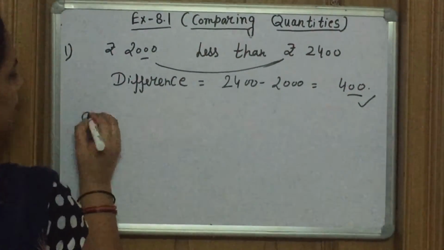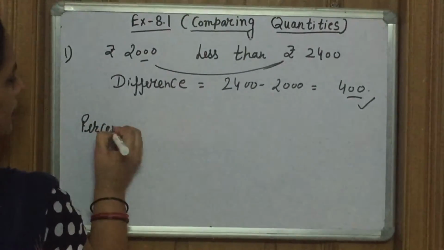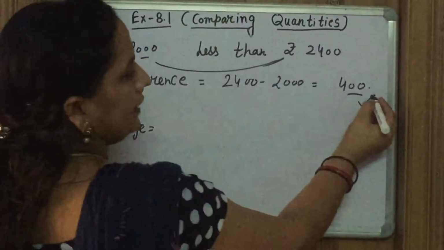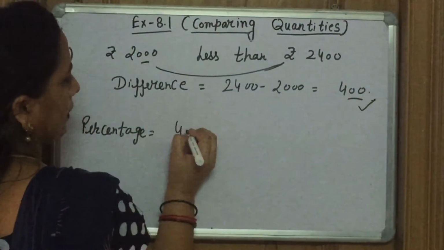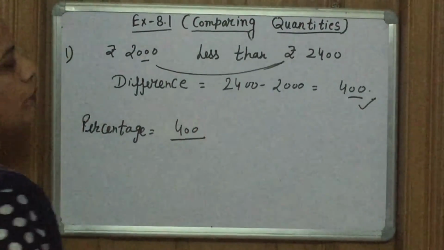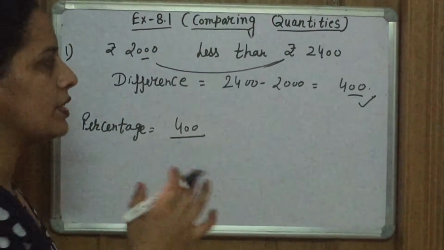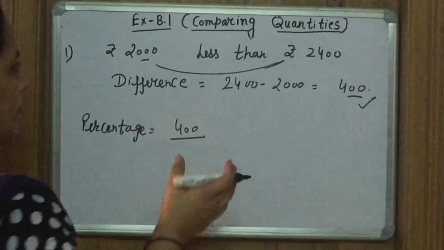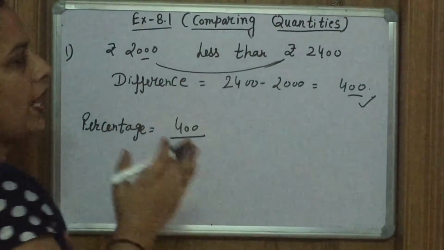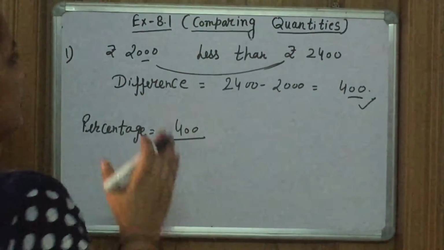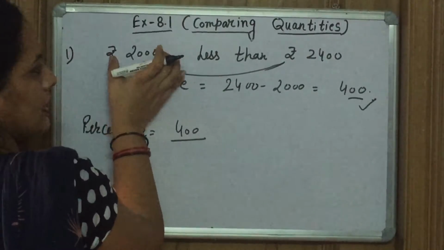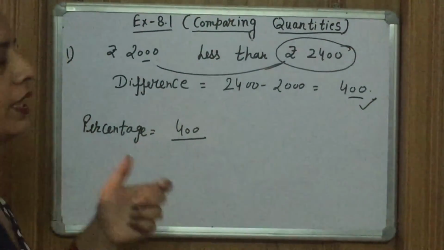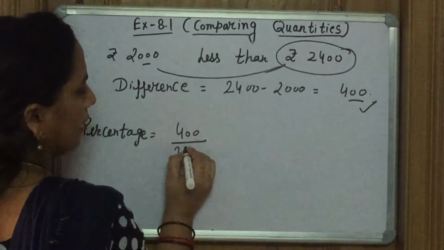So the formula of percentage is the number over the original value, multiplied by the rate percent. In the denominator, write the original value on which you have to find out the percentage. That means in this question, the difference of these two numbers is over 2400, which is the original value.